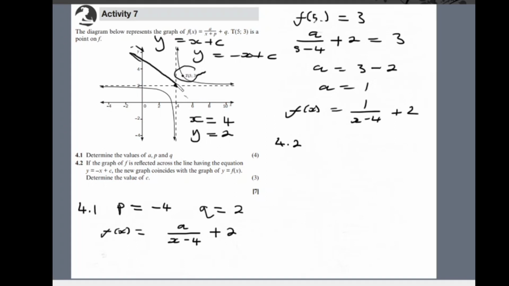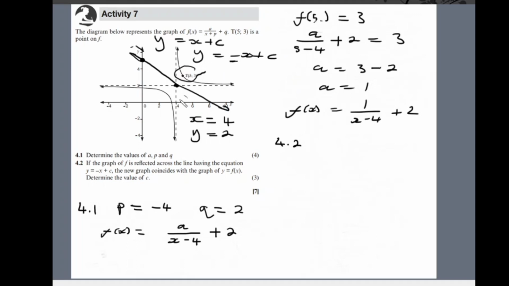Now, what we need is to determine where this line intersects the y-axis, which will give us the value of c. The line is a decreasing function because of the gradient. The gradient is -1. If the gradient is negative, a straight line has a decreasing function, and if it's positive, it has an increasing function.